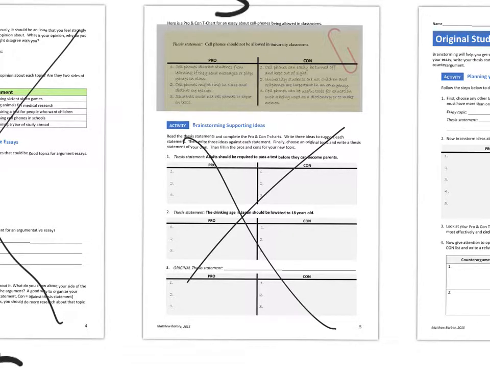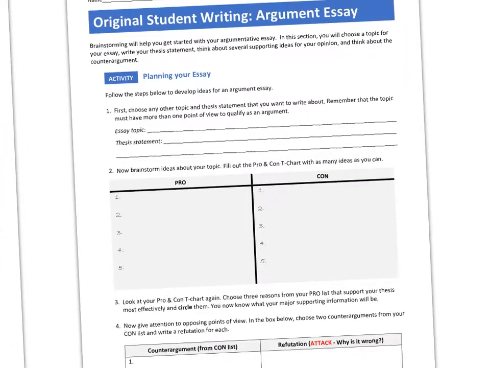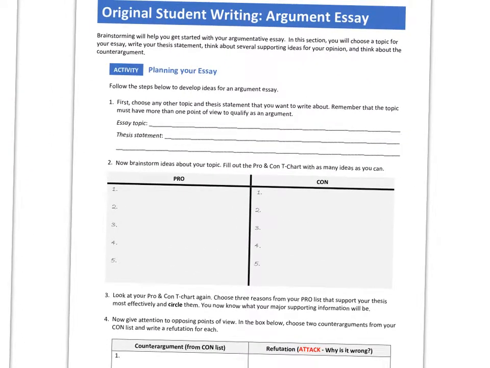You could use the part up here as sort of a help just to see how they would do it for a different topic. But again, it's not particularly relevant for us.